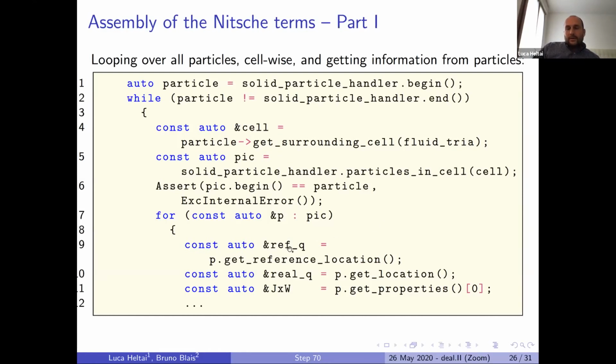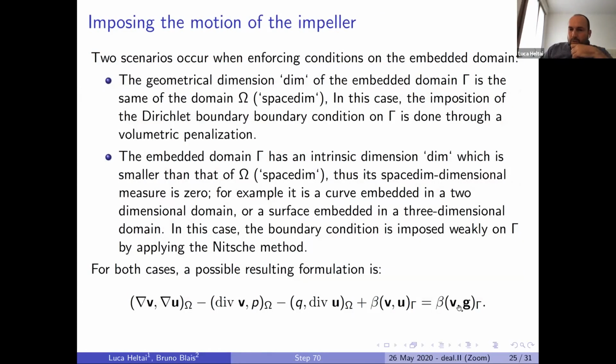The only thing to notice here is that in order to provide the integration of these two terms that you see here on the right, the only thing that is really necessary is to store the Jacobian times W of the solid cell on the particles themselves.